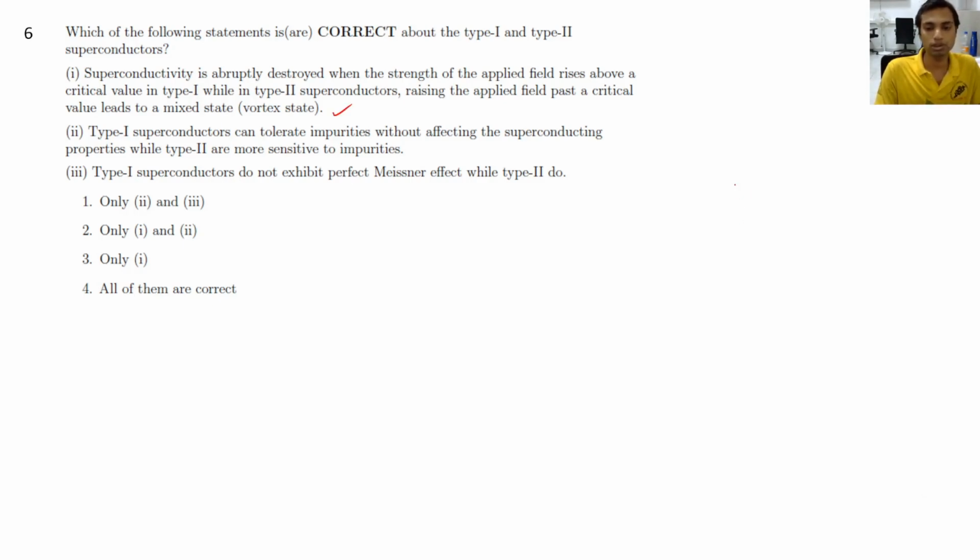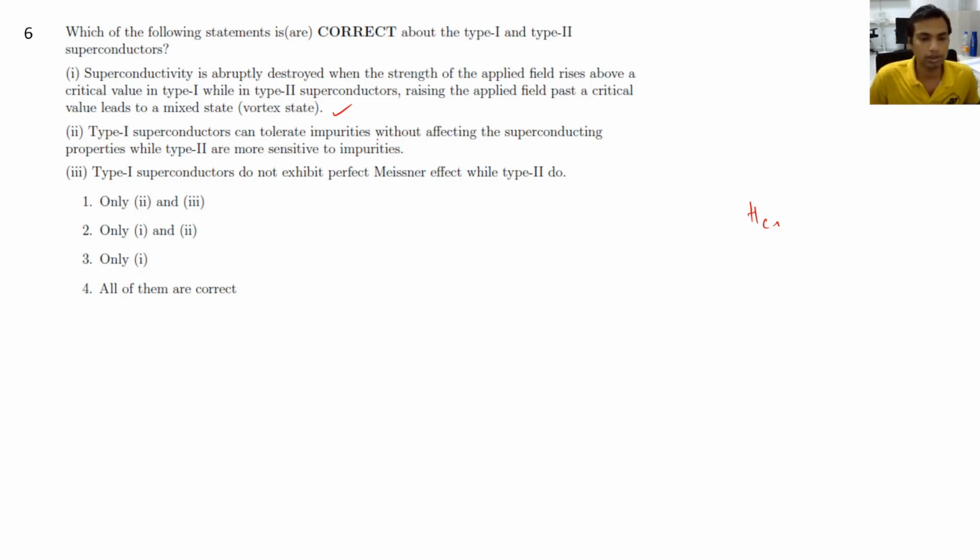In type 1 superconductor there is one critical field, and above that you will not get any superconductivity, and below that you will get superconductivity. But in type 2 superconductors, there is something called vortex states, which is a kind of mixed state. So this statement is correct.